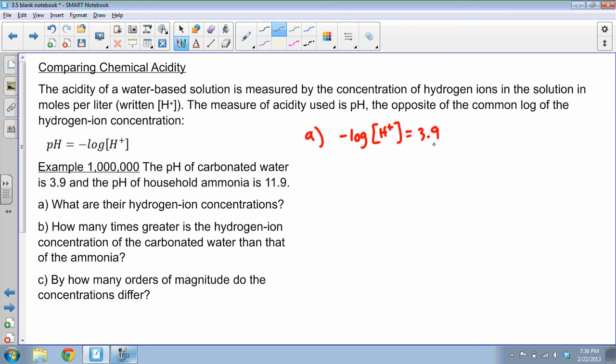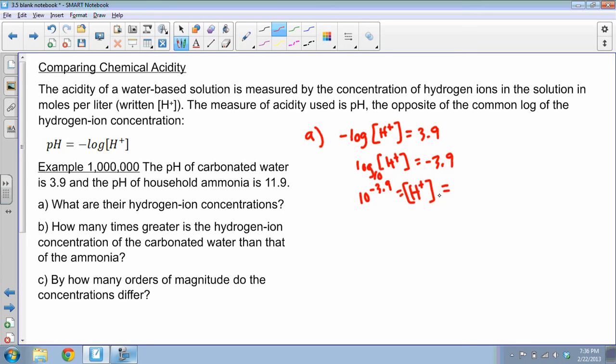Then we solve: I'd move the negative over and get negative 3.9 over here. This is log with a base of 10, so 10 to the negative 3.9 is my hydrogen ion concentration.